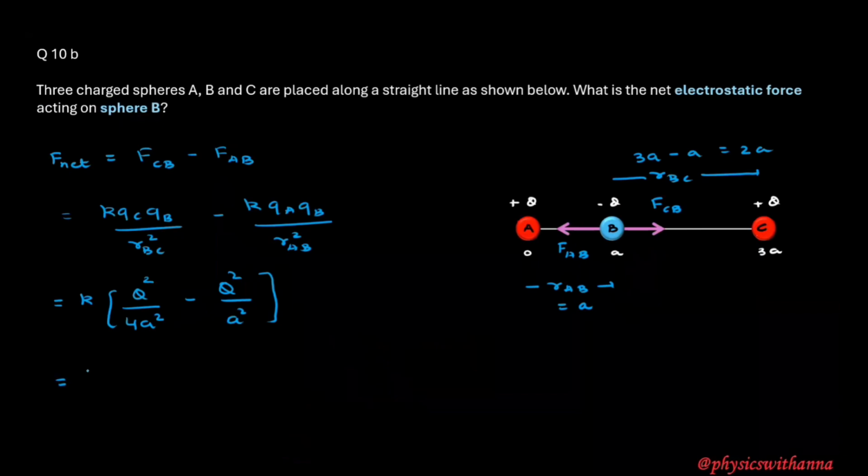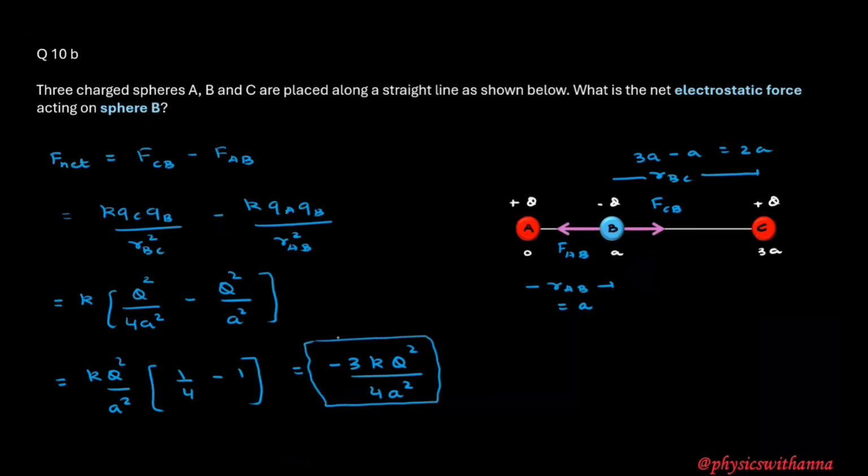Again, take kQ squared over A squared common, and you are left with 1 over 4 minus 1, which gives you negative 3kQ squared over 4A squared. And this force is negative because it is going to the left. So I can write the net force to be equal to 3kQ squared over 4A squared going to the left.